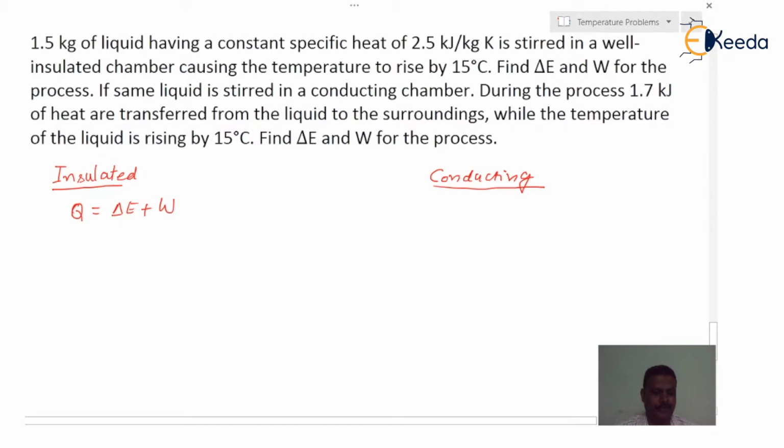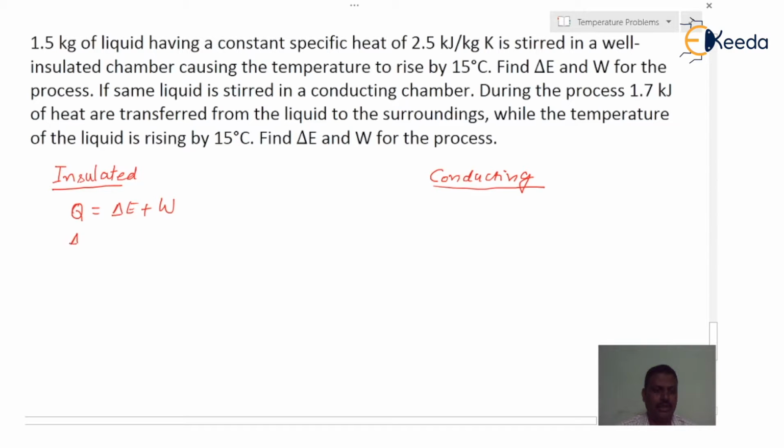That addition of heat in the form of work transfer will increase its internal energy. So now let us calculate the amount of heat equivalent of work transferred to the system, and this supply of work will raise the temperature of the fluid by 15 degrees Celsius.